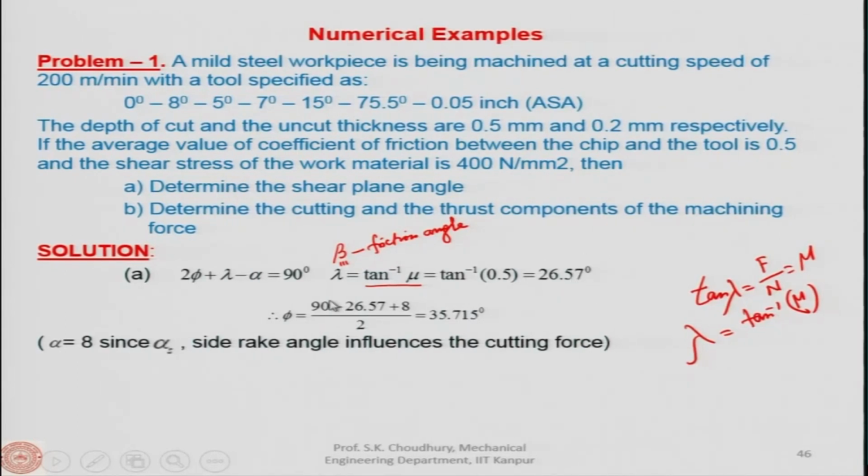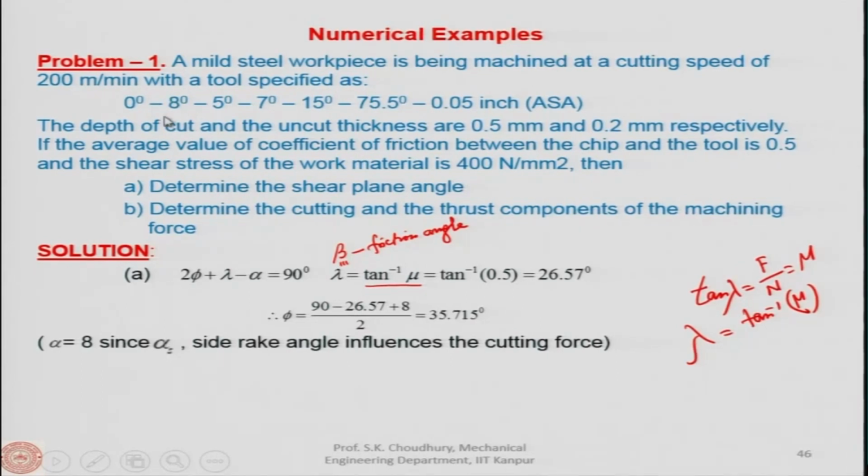Once we know that, then phi can be found out because alpha is given. Alpha is given from here, if you see this. In this, we have to take the alpha value as 8 degree. Why? This is also a question. 0 degree is the back rake angle and this is the side rake angle.